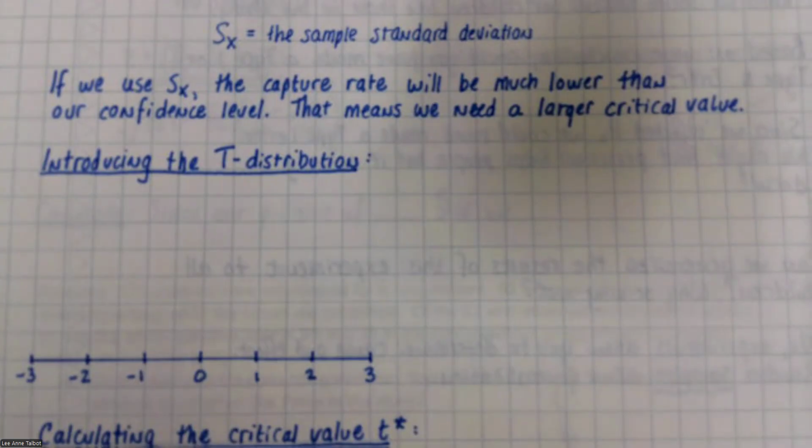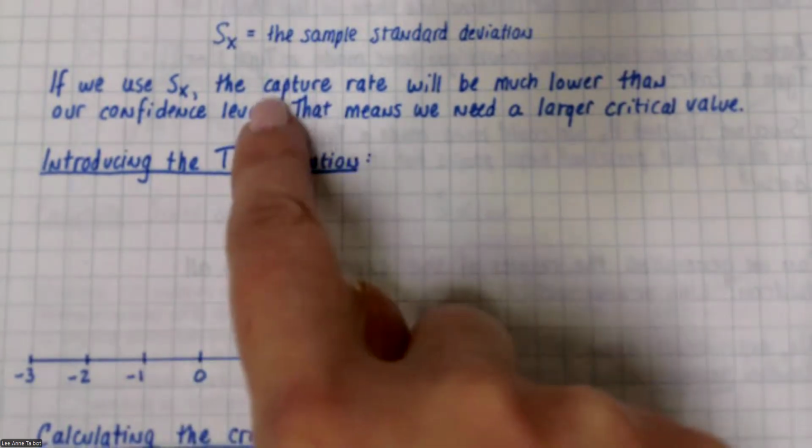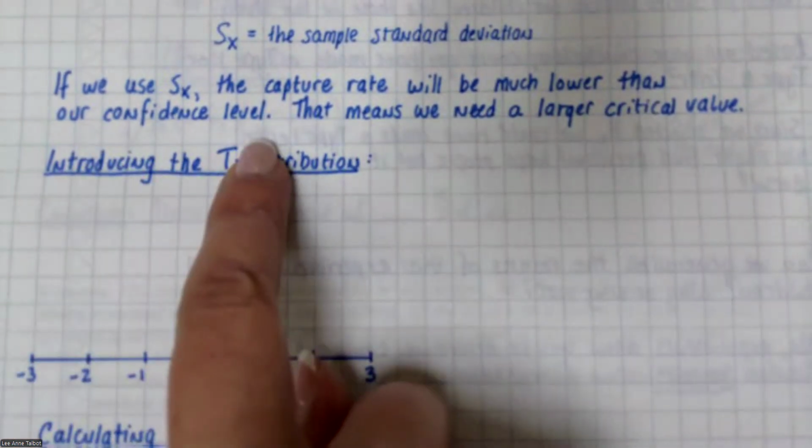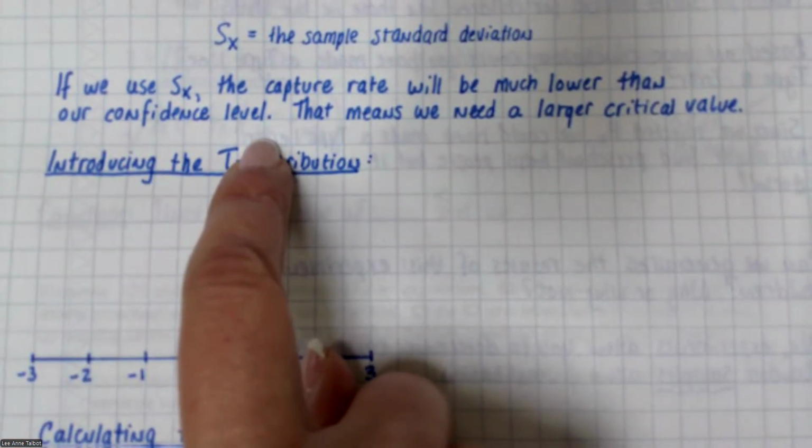Because I would be 100% confident if I had all of the information about the population. But whatever, you know how textbooks are, they contrive things to make you do stuff. But the capture rate will be much lower than our confidence level. It won't match. So we need it to match.